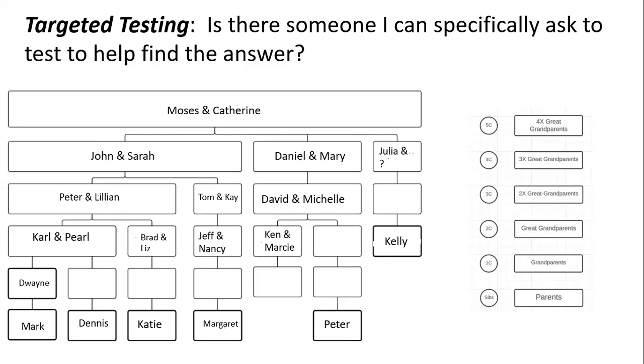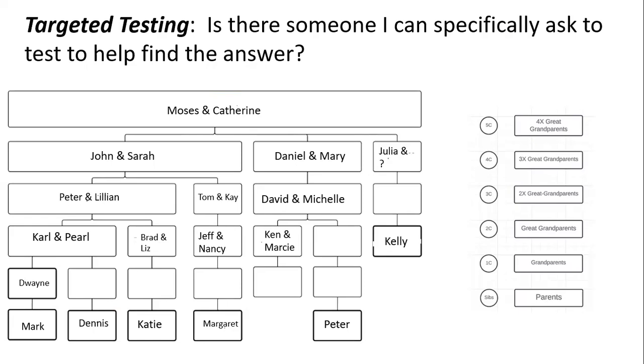You don't want to target test them because you already know how you're related to them, and they're going to take you up to Carl and Pearl. Okay. So you've got Katie there who goes up to Peter and Lillian, and then you've got Margaret who goes up to Tom and Kay at the very top. One of those cousins, somebody in that family might be a good target test to help you find John and Sarah, if you couldn't find those.